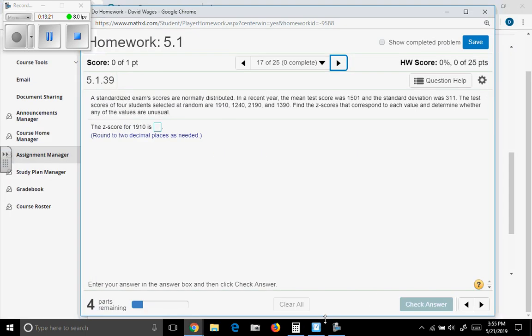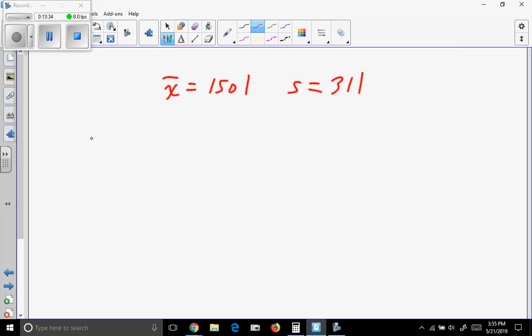So we're given a list of different test scores. 4 different students were selected at random, and here are their test scores. So they want to find out what is the z-score associated with each one of those. So let's find the z-score for 1910. If this was someone's score on this test, how many standard deviations is that?